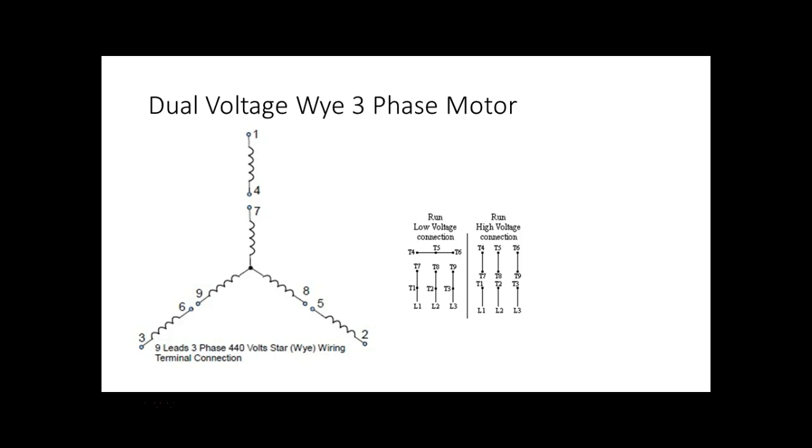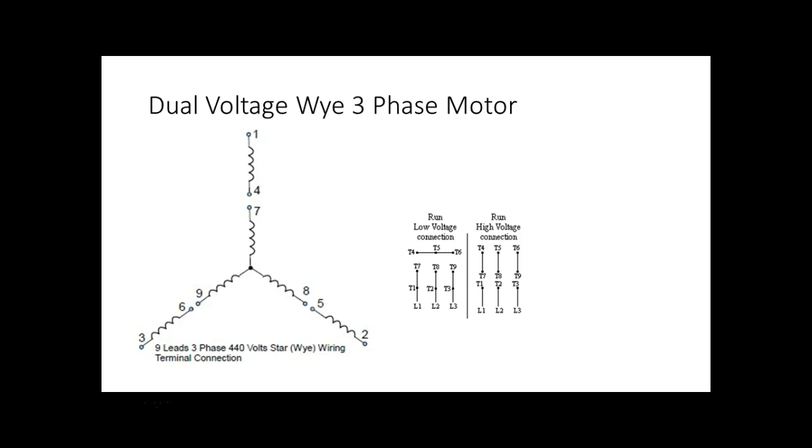Now what's the advantage of having a dual voltage motor? A lot of the industry uses a lot of this. If this is a 5 horsepower motor, guys, it's a 5 horsepower motor. If I wire it for low voltage, I'm going to get 5 horsepower, right?